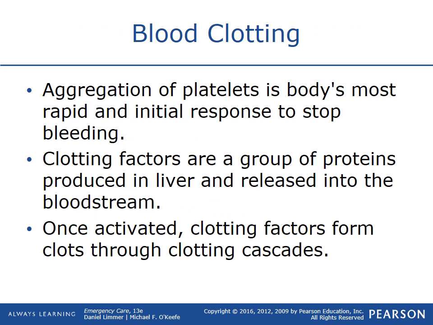So with blood clotting, aggregation of platelets is the body's most rapid and initial response to stop bleeding. Clotting factors are a group of proteins that are produced in the liver, and then released to the bloodstream.